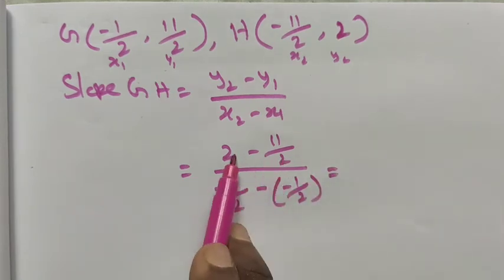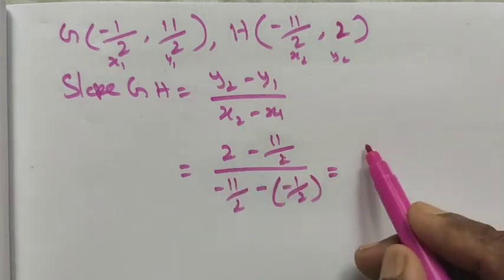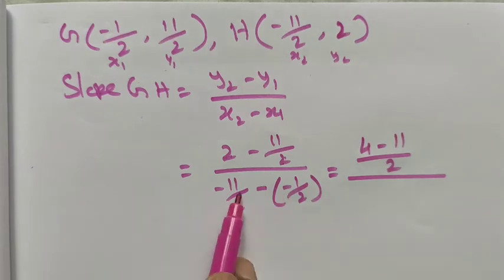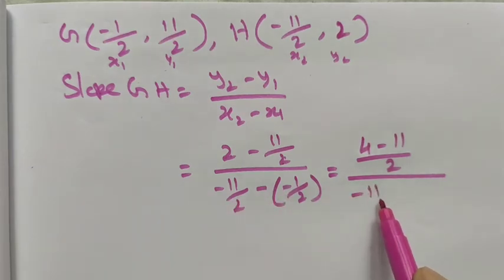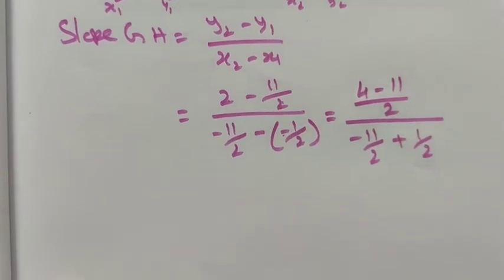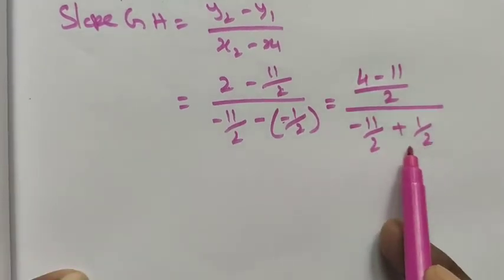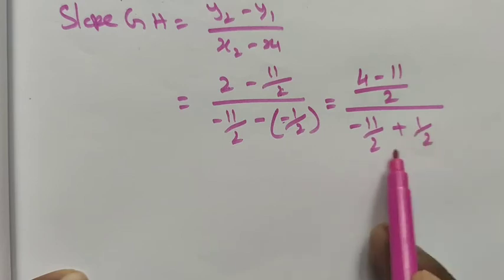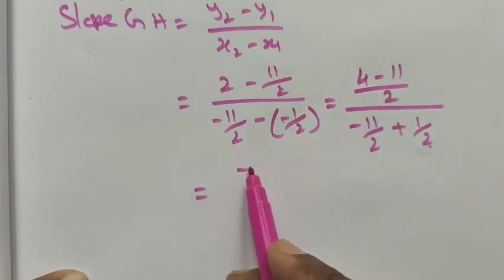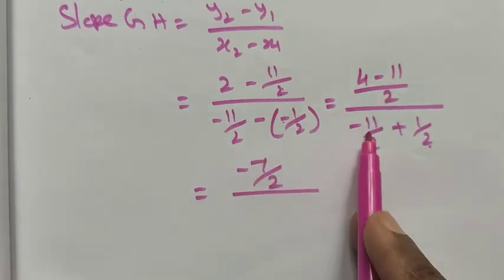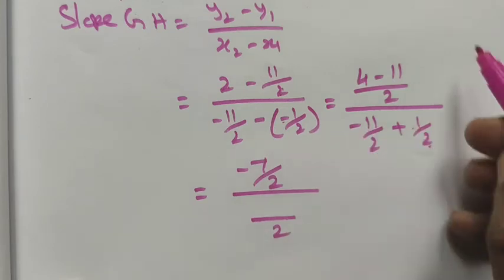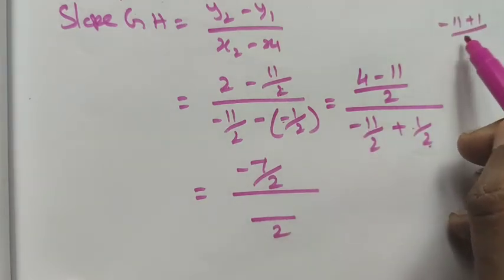First you have to take the LCM. 2 2s are 4, minus 11 divided by 2, whole divided by, when I remove the bracket, we get minus into minus plus 1 by 2. Next, both denominators are the same, so we can add or subtract the numerators. So minus 7 divided by 2, divided by minus 11 plus 1 divided by 2.